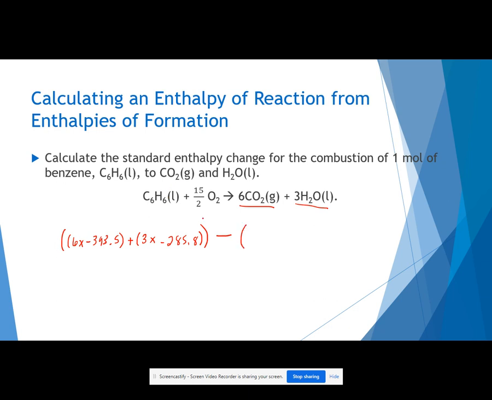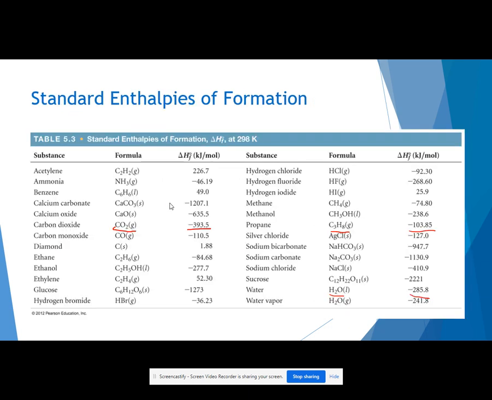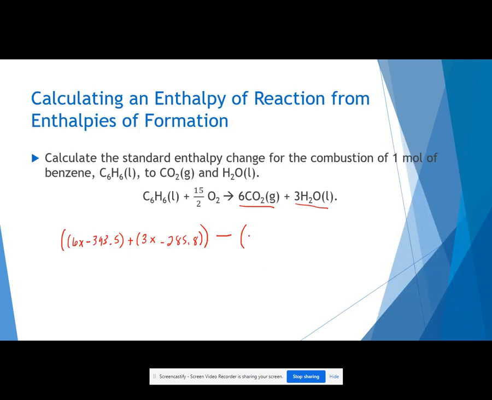Here we only have 1 mole of C6H6 as a liquid, which is 49. So we plug in 49. And then we add it. Here we have O2. Remember, O2 is elemental form, so that's 0.